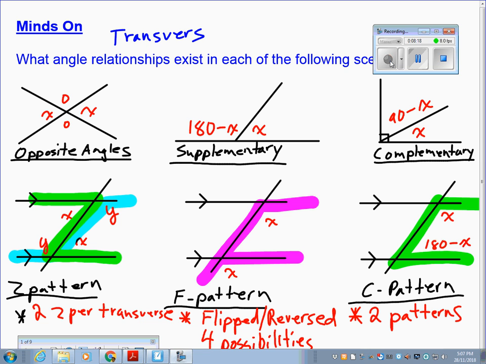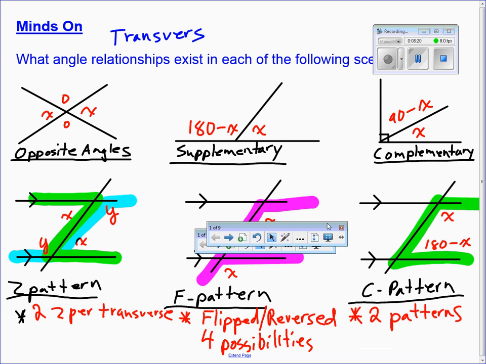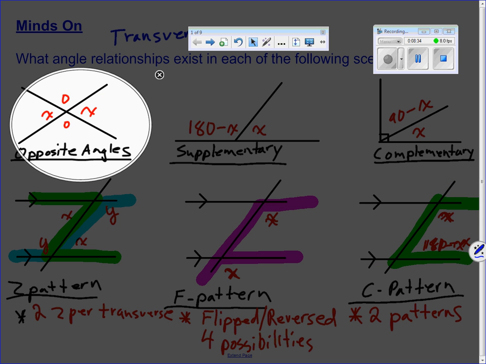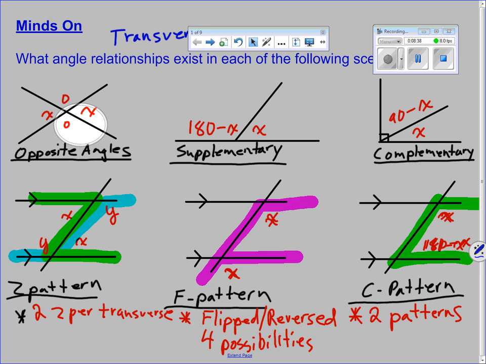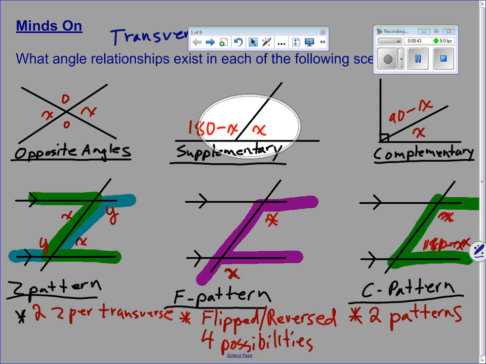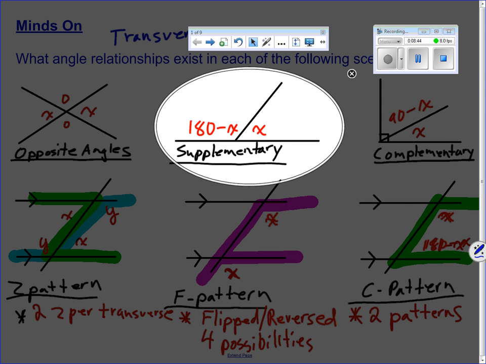So now we'll do just a quick recap of what we just studied. When we studied this stuff, we used opposite angles to identify opposite angle sides. When we use supplementary angles, they total 180 degrees.